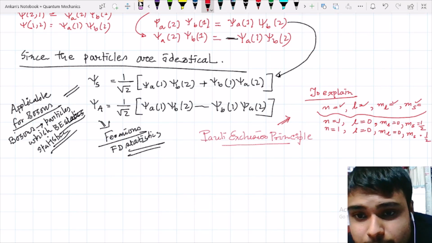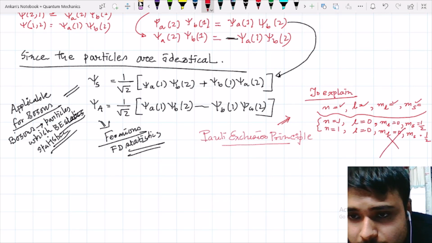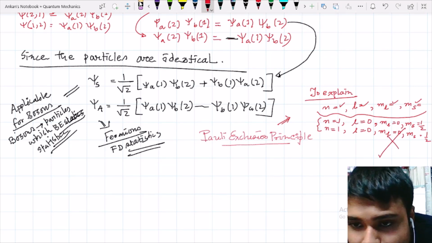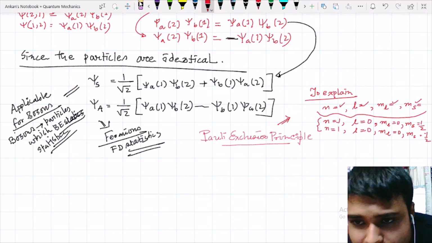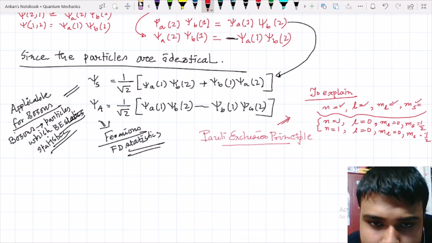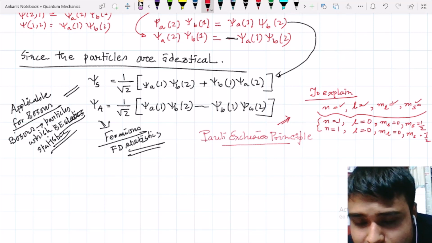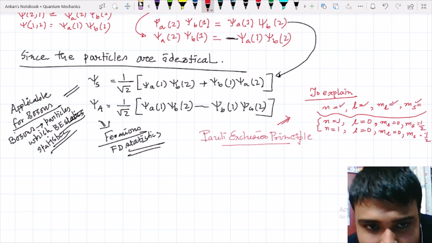In the same atom, the two electrons cannot occupy the same quantum state. This will not happen. What will happen? There may be some difference in at least one quantum number, so that the total set of quantum numbers differs. So no two electrons in an atom can occupy the same set of four quantum numbers or the same state.